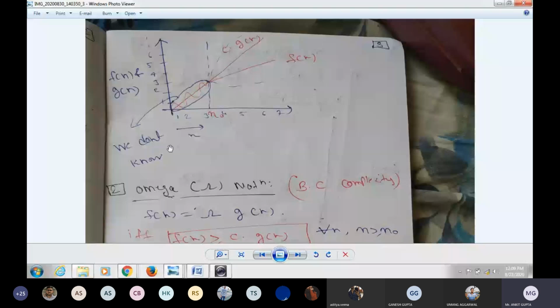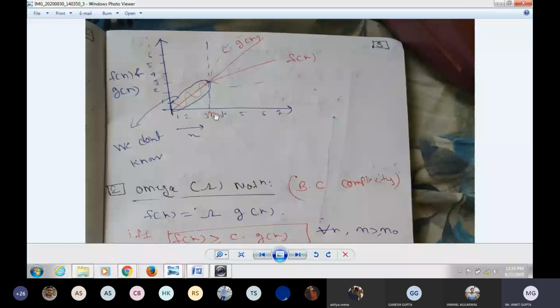But before that I cannot say anything. Whenever you get the value of n naught, with c as a constant, then after that I can say that f(n) is less than or equal to c into g(n), because it is the big O notation.